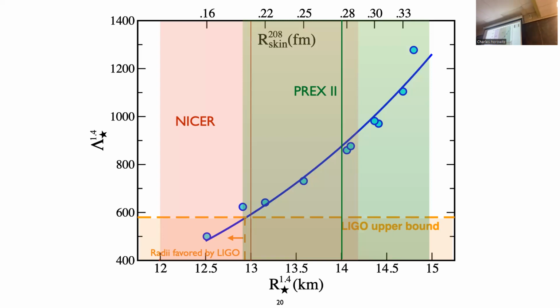So that's the results from three extraordinarily different ways of measuring the equation of state of dense neutron-rich matter. So PREX is probing the equation of state around nuclear density, and NICER and LIGO are probing at its most sensitive around twice nuclear density. So they're the higher density observables.